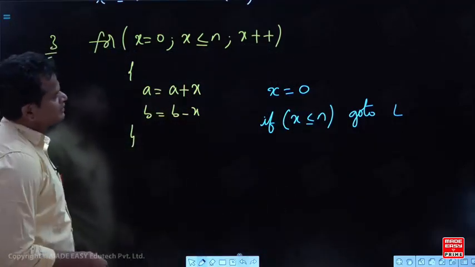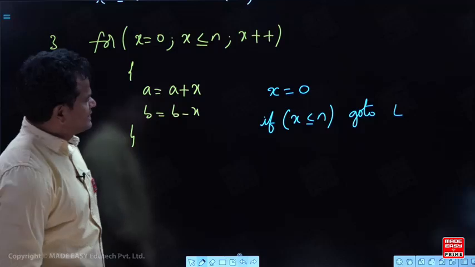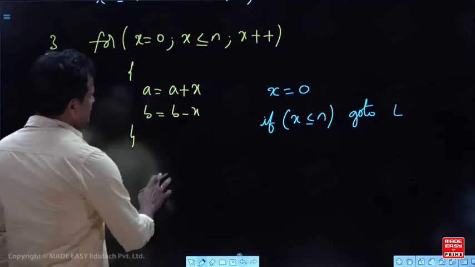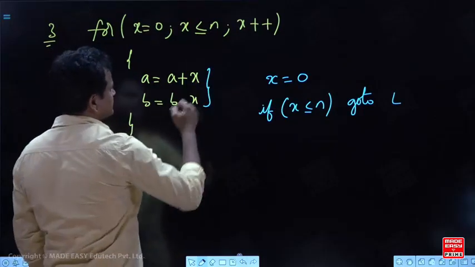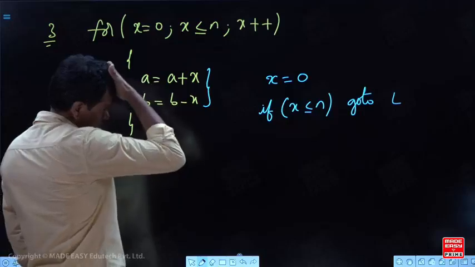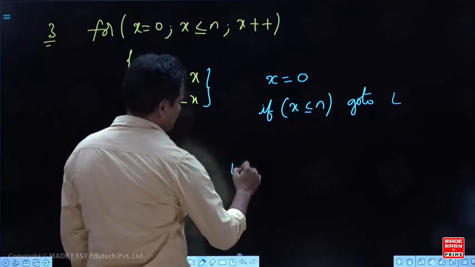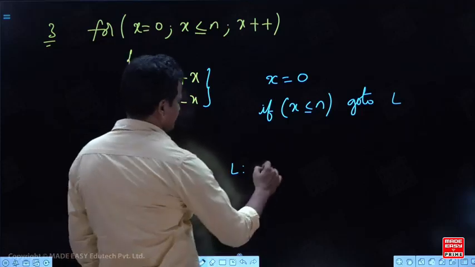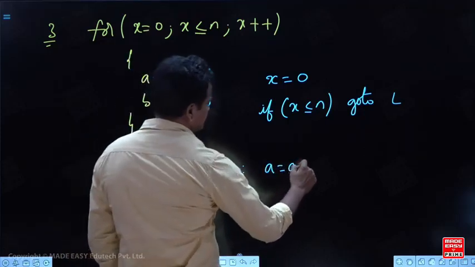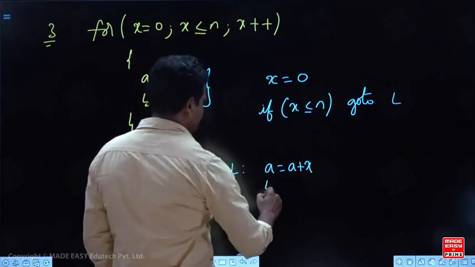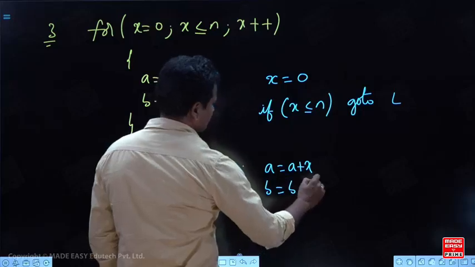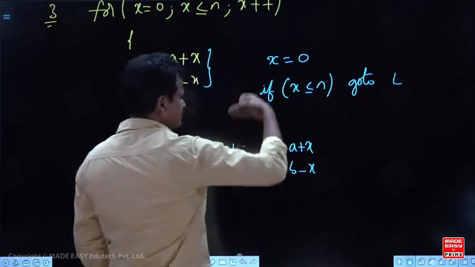As long as x is less than or equal to n, you have to execute this one. So if x is less than n, I will jump to L. What is L? a equal to a plus x, b equal to b minus x, then you just run the loop.